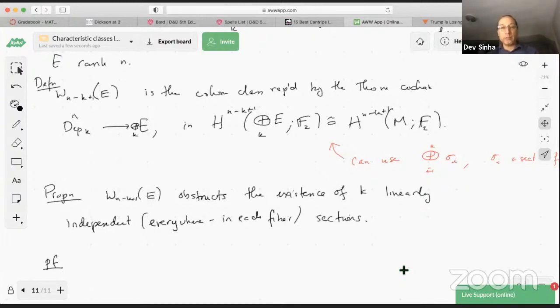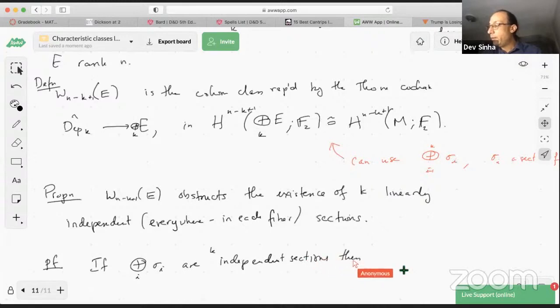Let me just say a little exercise, we'll say this again later, is to check that the dimensions will work correctly here. Right, so the point is that if I've got independent sections, then, well, let's go back.